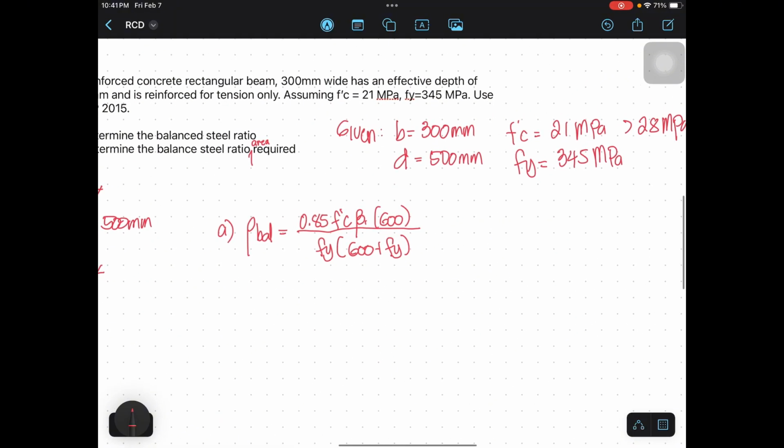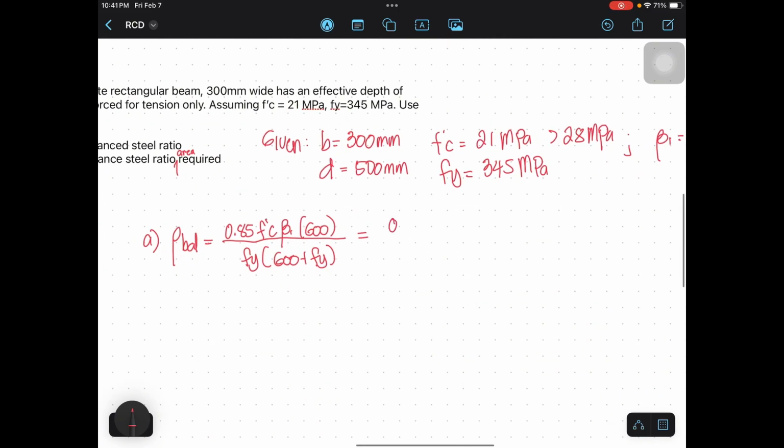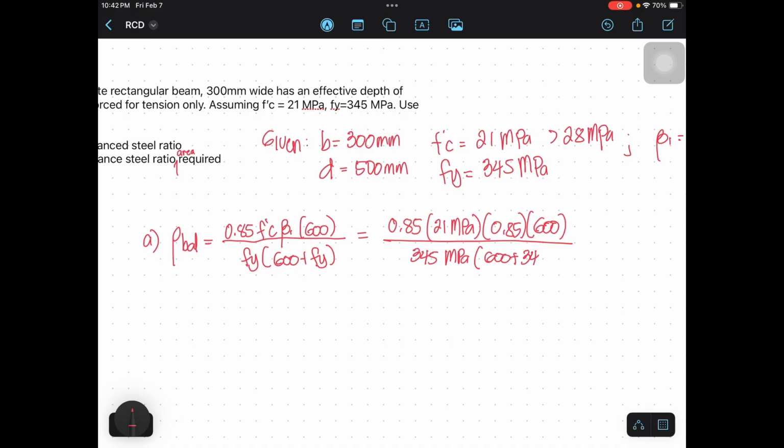Okay? So, since lahat naman ng mga variable dito sa question is given, so we're going to direct substitute the given. So, we have 0.85 f'c natin at 21 megapascal, and beta 1 natin na 0.85, multiplied by 600 over fy natin na 345 megapascal, 600 plus 345.